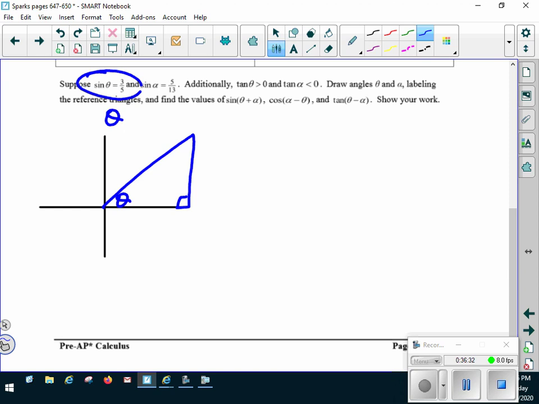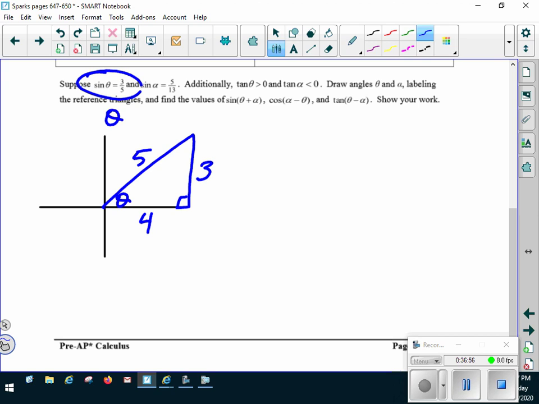Sine is opposite over hypotenuse. So what's opposite? 3. Hypotenuse, 5. We've got theta drawn, and we've labeled the reference triangle.